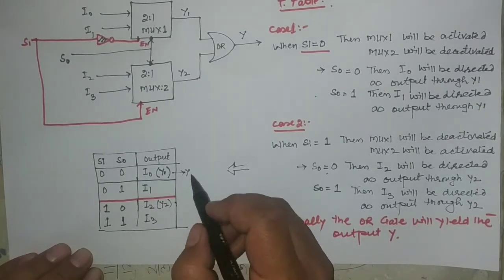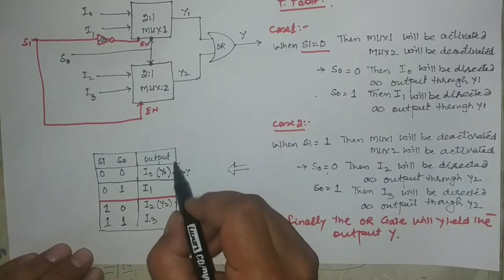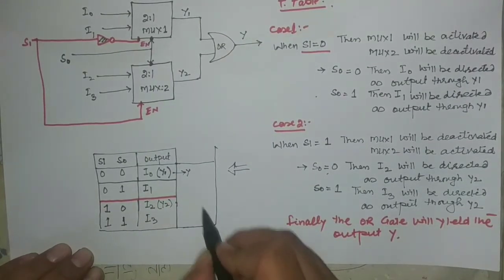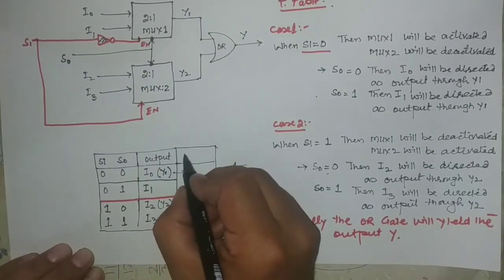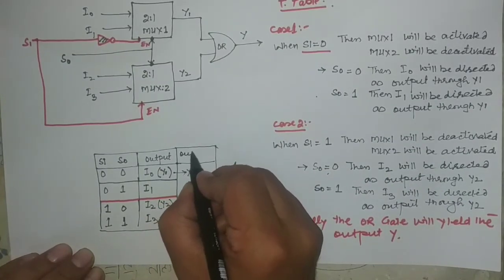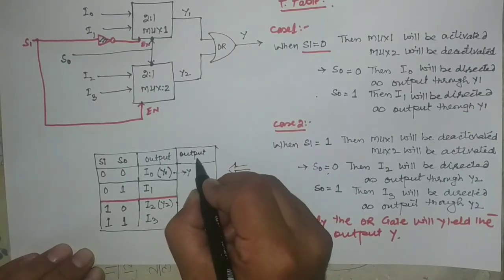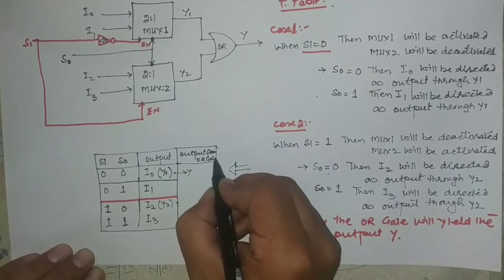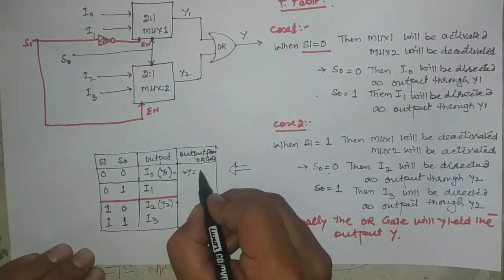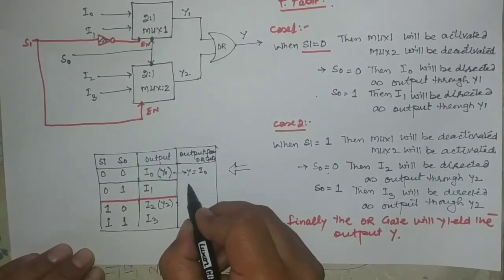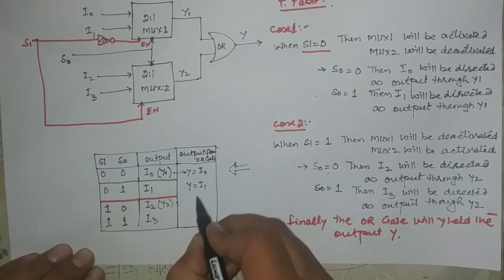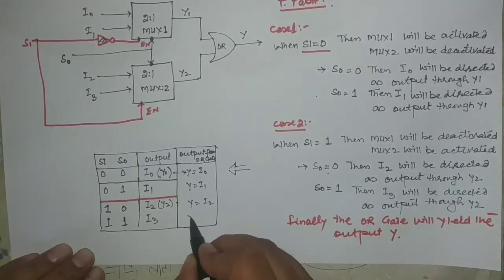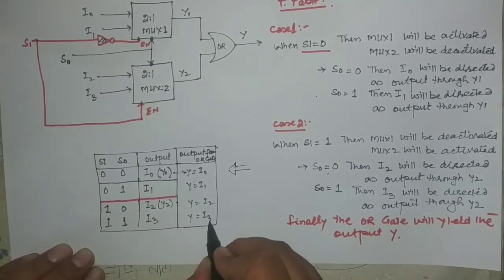If we attach one more column, the output from the OR gate, then we can say Y is equal to I0, Y is equal to I1, Y is equal to I2, and Y is equal to I3.